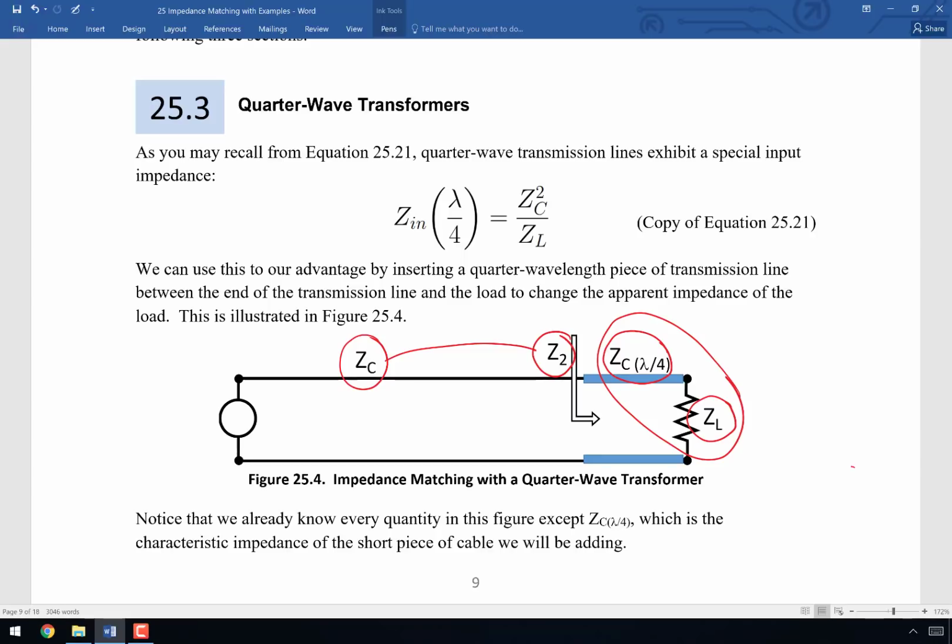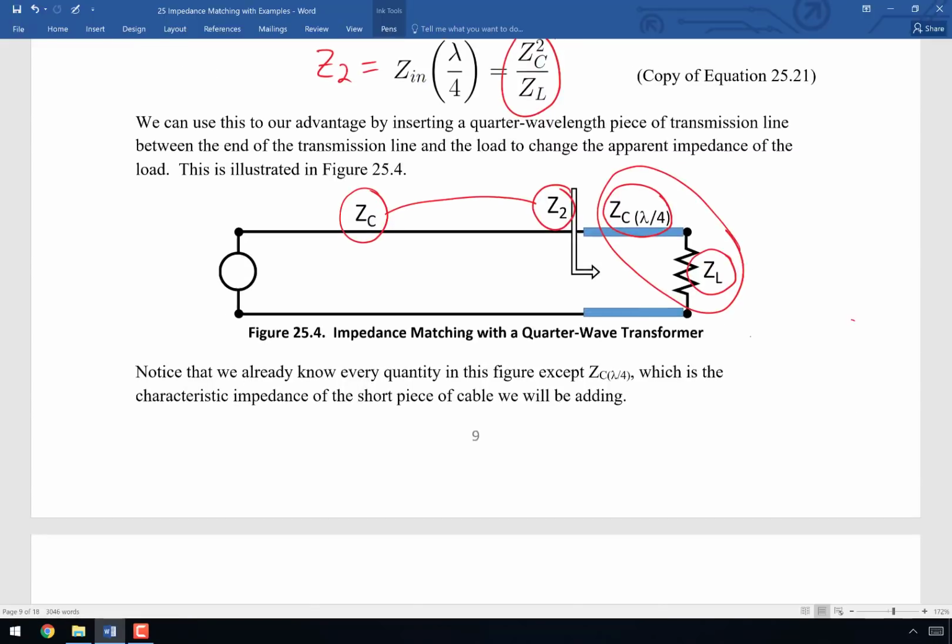Well, we actually know how to deal with a quarter wavelength piece of transmission line. We have equation 25.21. It's Z sub C squared divided by Z sub L. So Z sub 2 needs to be equal to that quantity, and it must match the characteristic impedance of the line.